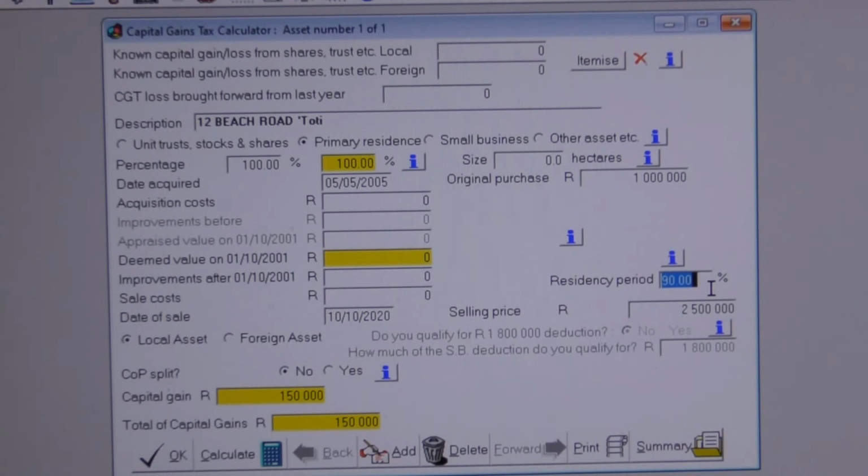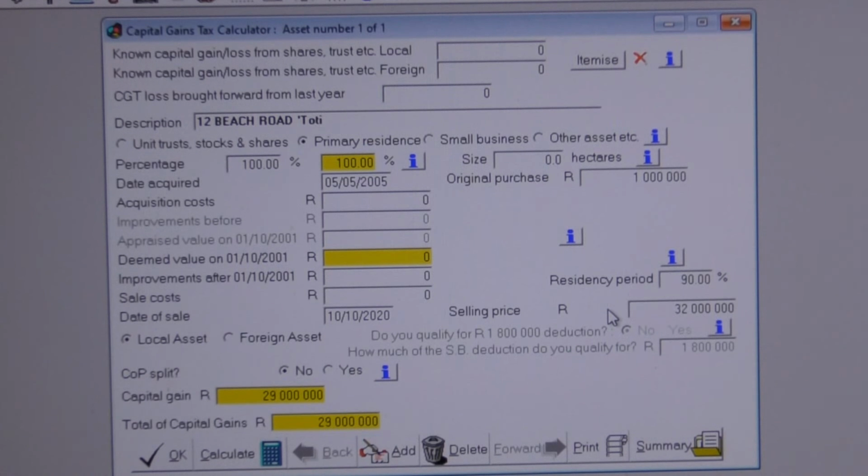Let's have a look at a case where we made a bigger profit. I will change the sale price to 32 million. Here you can see that the residency period of 90% times the profit of 31 million is more than the 2 million rand primary residence exclusion.